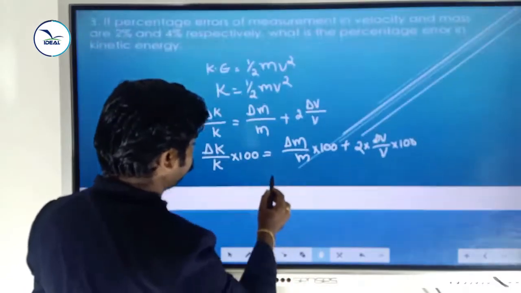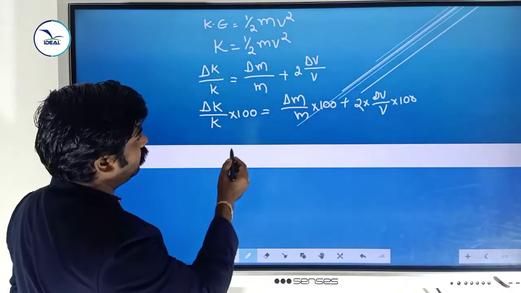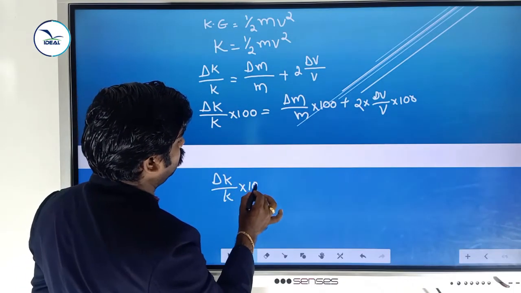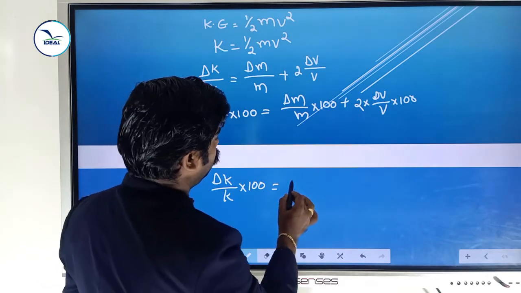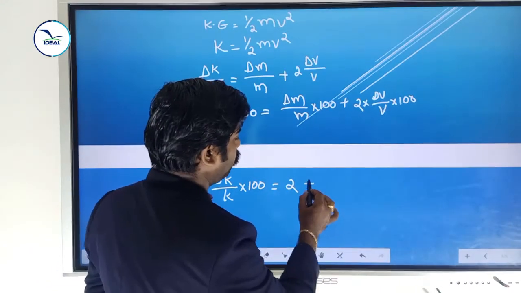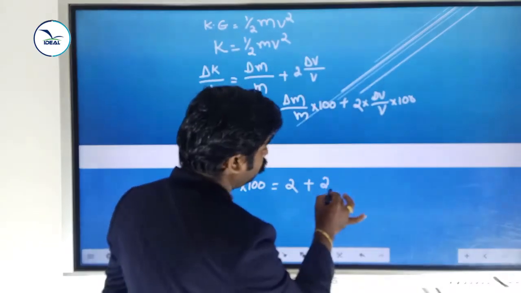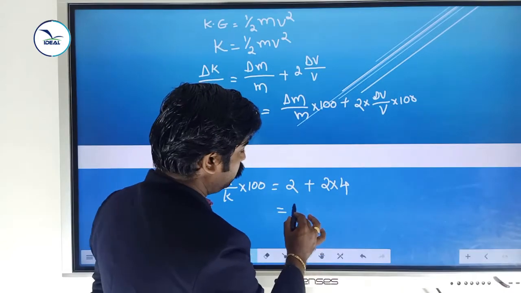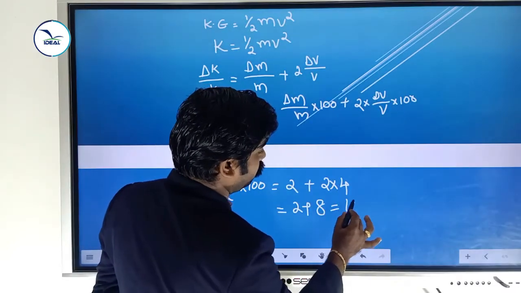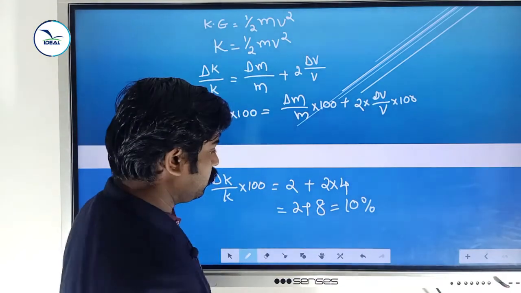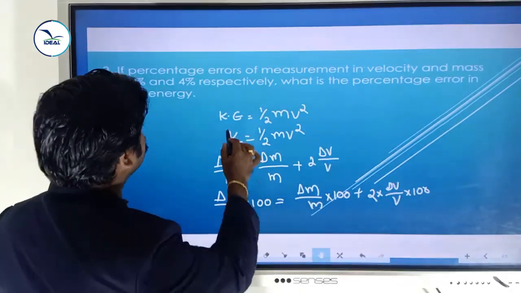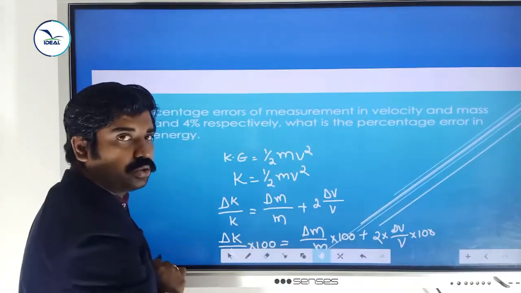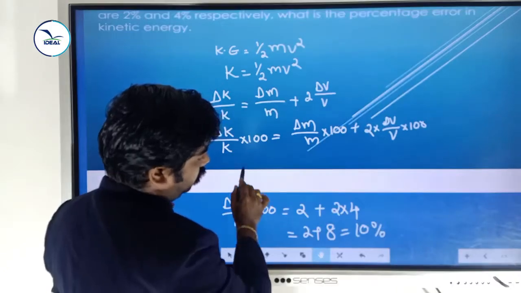So we get delta K by K into 100 equals 2 plus 2 into 4, so it is 2 plus 8, which equals 10%. The answer is 10%. Clear?